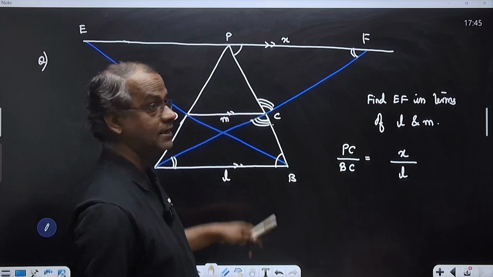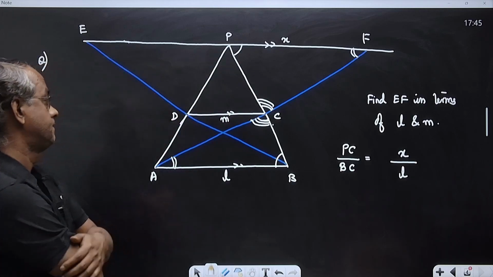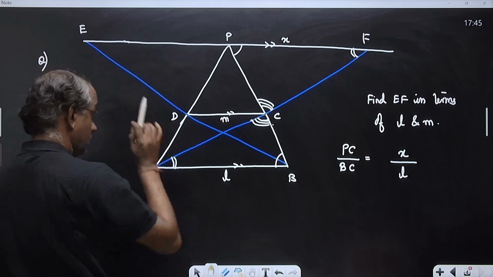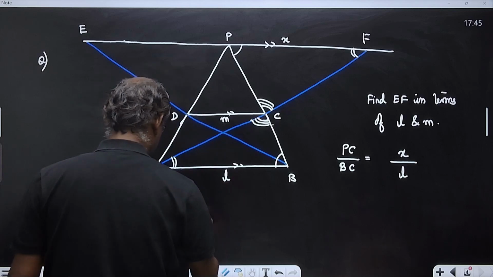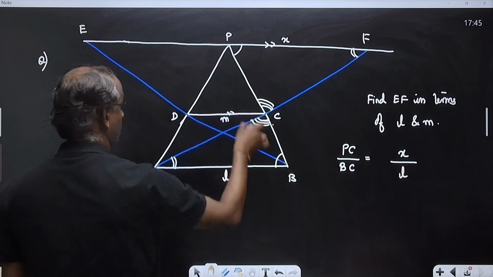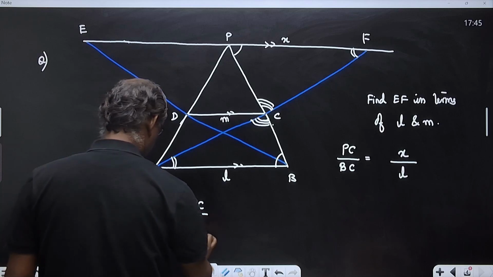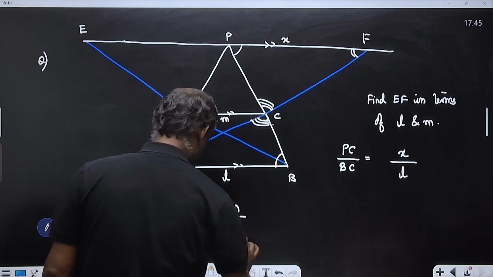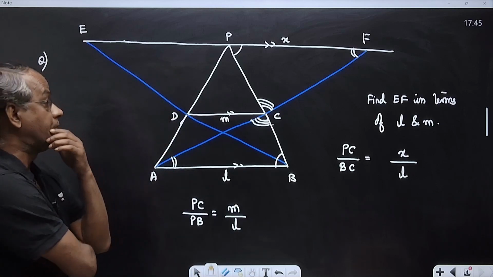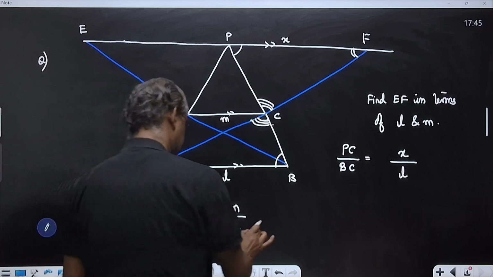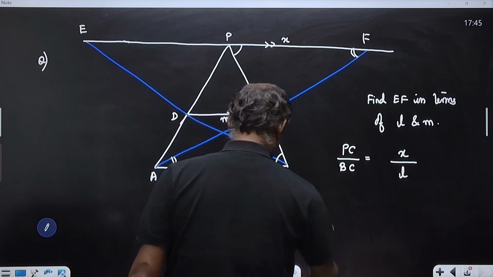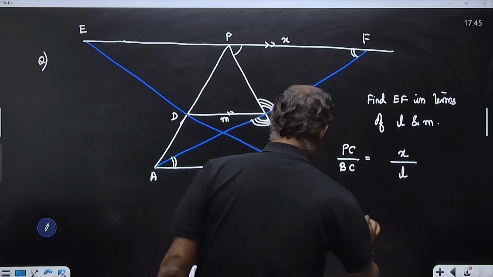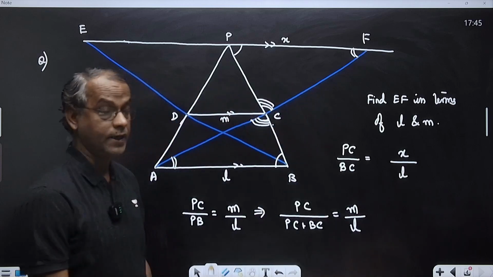Because these two triangles are similar. So, what will PC by BC be? You can say PC by PB is M upon L. Now, PB is PC plus BC. Fine.